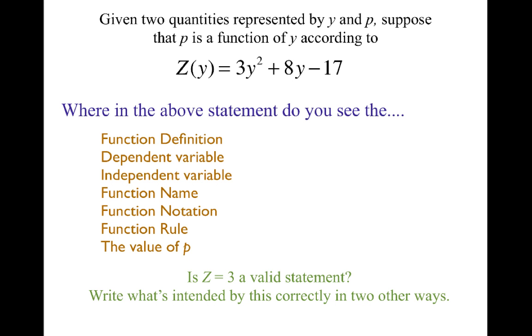There are actually three different ways you could do it. If you get two, that's good. Two different ways to write what was intended by this. Okay, what's one way?